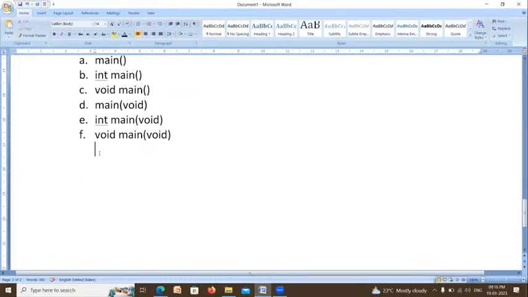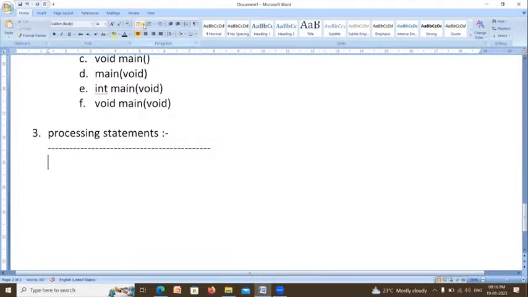Now the third part, that is called processing statements. Processing statements means actually it is the solution to the program. It explains about three things. One is what to do in order to solve a problem.